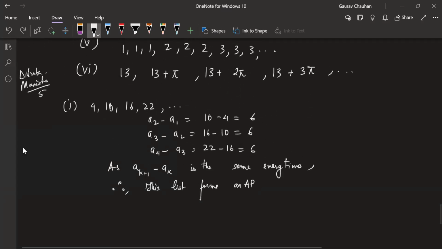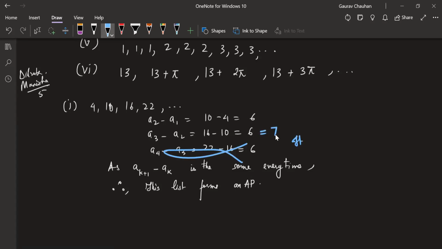How we are writing the steps for whether it forms an AP or not? At any time in between, suppose here you got 7, you don't need to do anything else. You can just write, it does not form an AP. You can conclude here only, as A(k+1) minus A(k) is not the same every time.